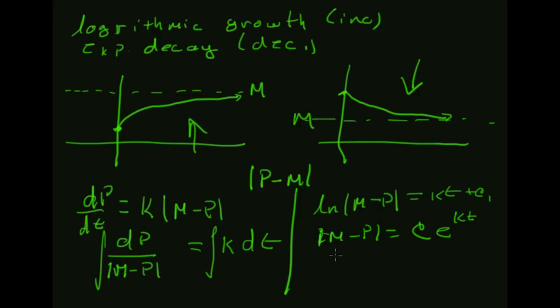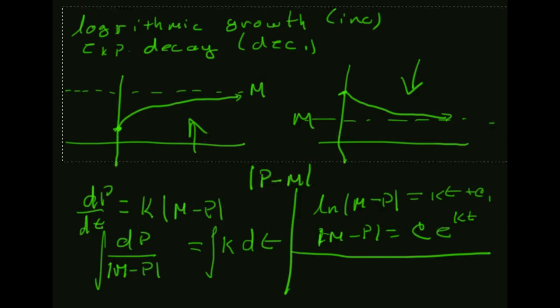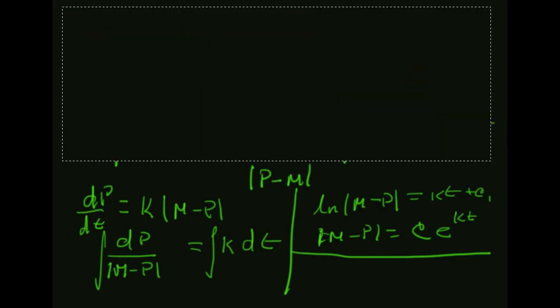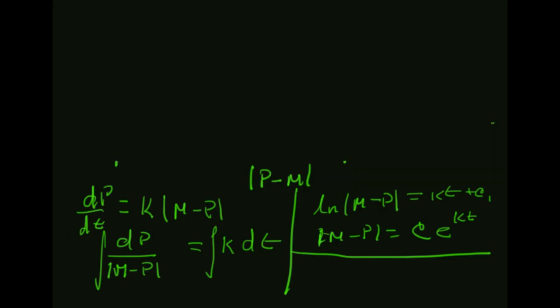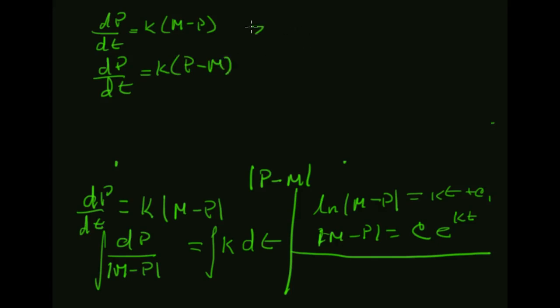So the big idea here is that if I start with dp/dt equal to either k times m minus p, or dp/dt equal to some constant times p minus m, it doesn't matter which one.